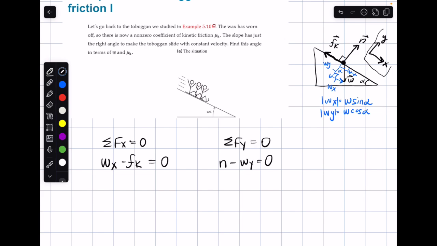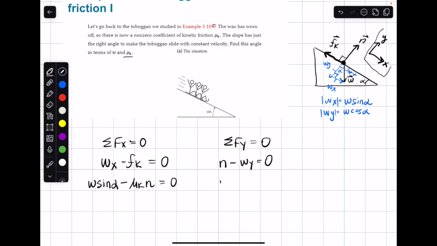So we want to solve for alpha. Alpha is our unknown. And we're going to see that on both x and y components of these equations. So let's go ahead and fill that out. So this Wx is positive, and it's W sine alpha. And this fk is mu k, which is technically a known since it was given, times the normal force.